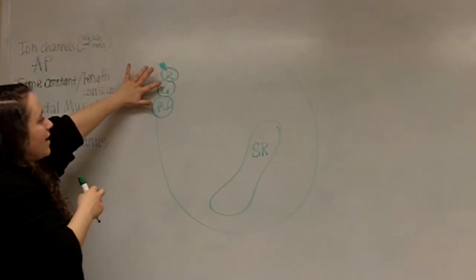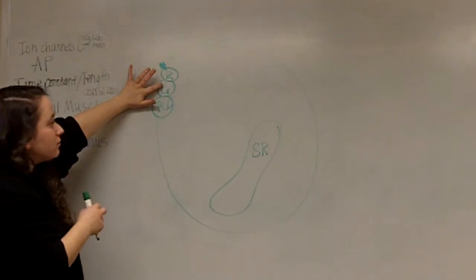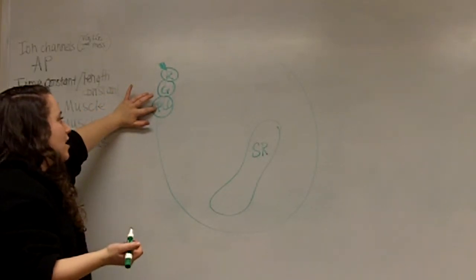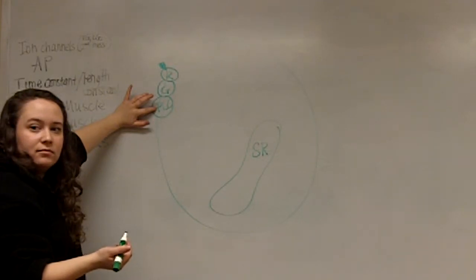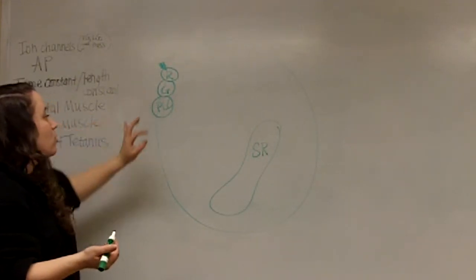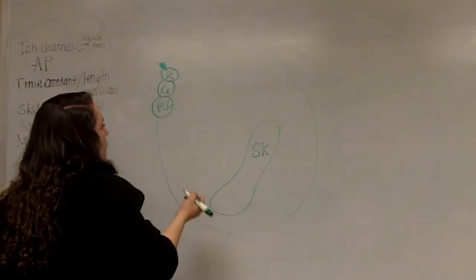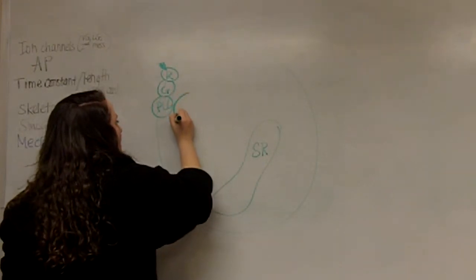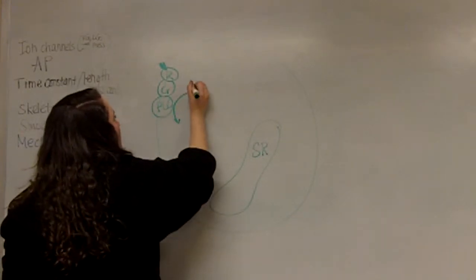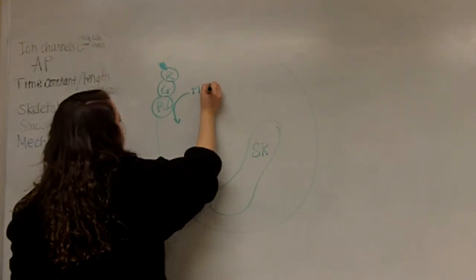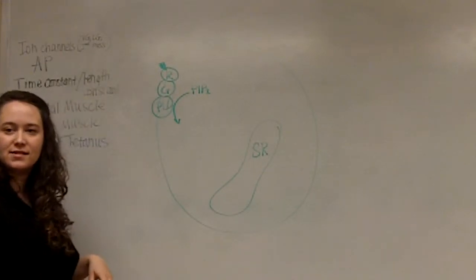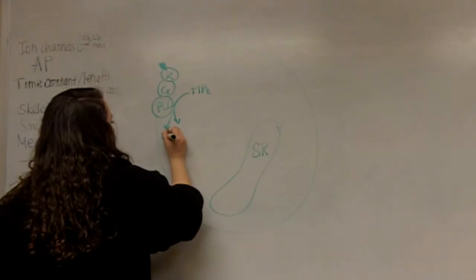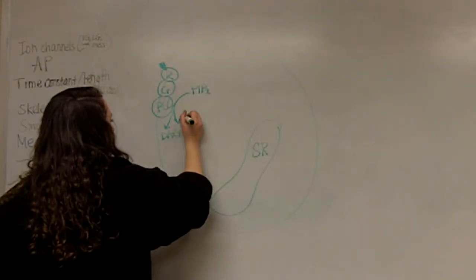That receptor is attached to a G protein. And then that G protein, for this example, is attached to phospholipase C. Okay, so this phospholipase C basically tells PIP2, which is just a molecule that you have inside the cell, to make DAG and IP3.